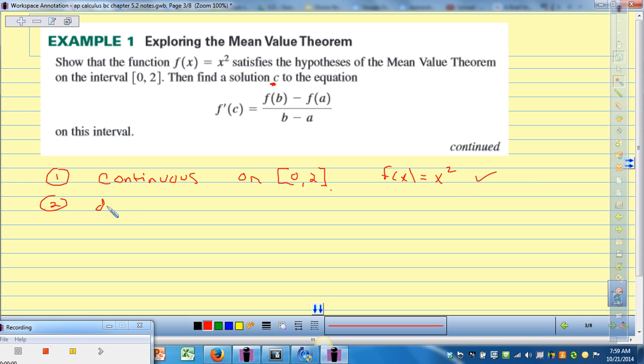Second, is it differentiable on the open interval? Well, the derivative is 2x, and is that differentiable? Is f of x differentiable everywhere between 0 and 2? Does 2x exist?